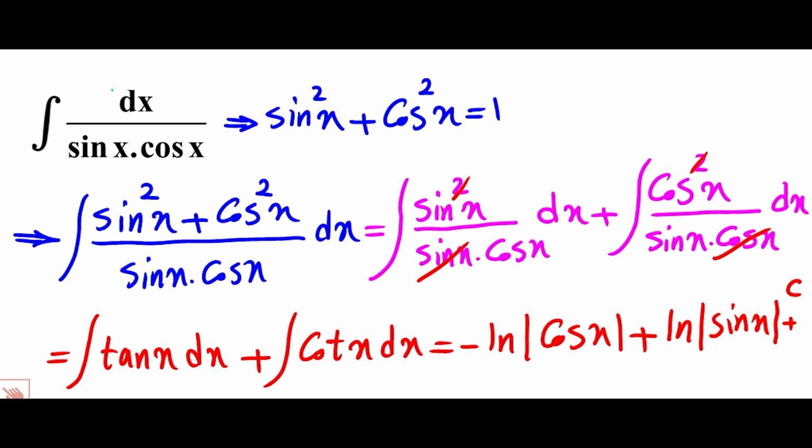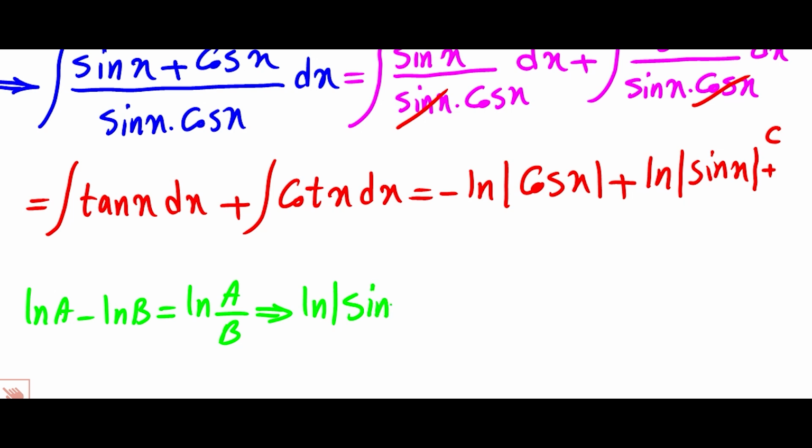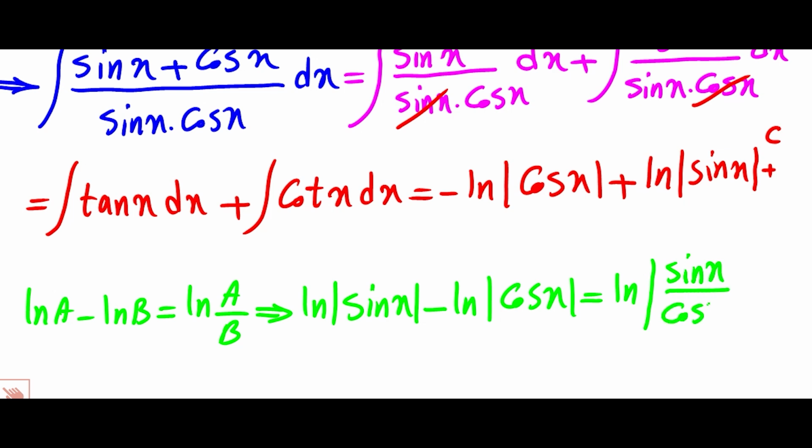If we use the property of logarithms, meaning ln of a minus ln of b equals ln of a over b, we have ln of the absolute value of sine of x minus ln of the absolute value of cosine of x equals ln of the absolute value of sine of x over cosine of x plus c.